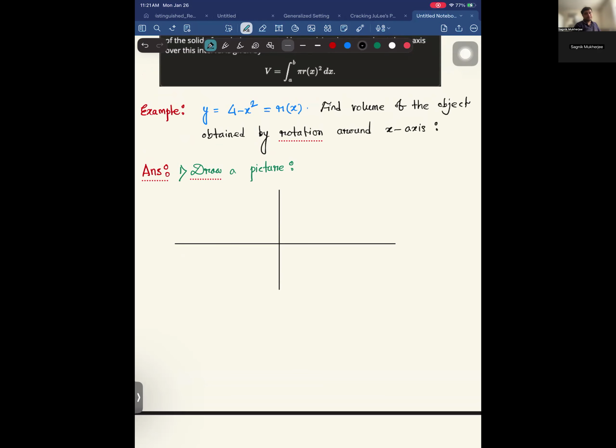So what does the graph of 4 minus x squared look like? Oh, I forgot to tell you the interval. The interval is where it cuts the x-axis, kind of implicit here.